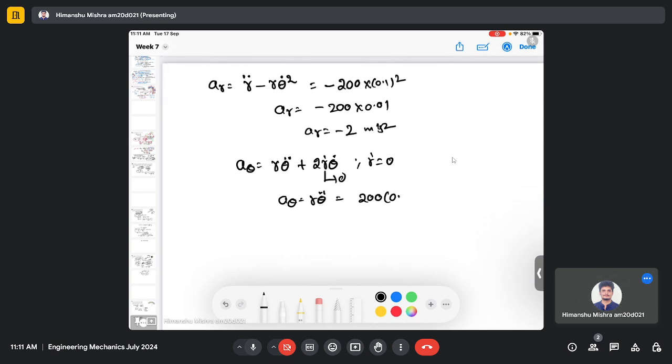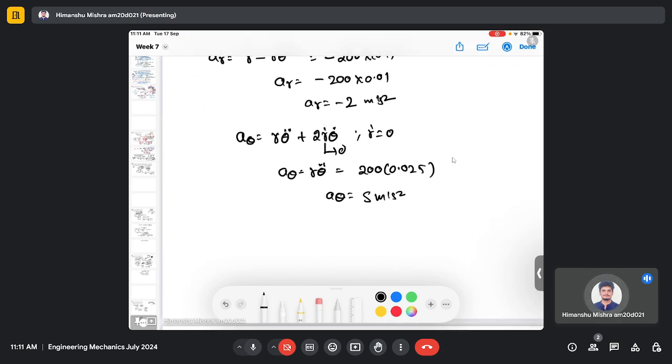So a theta will be 5 meter per second square.